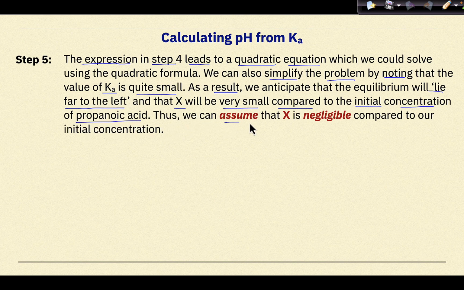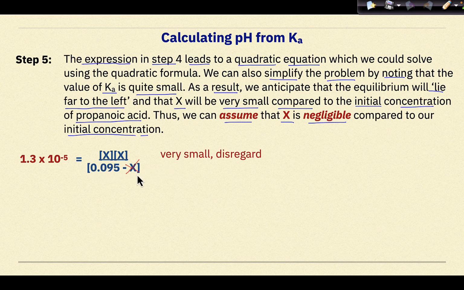Thus, we can assume that x is negligible compared to our initial concentration. As a result, we're going to take our expression that we wrote on the previous slide. 1.3 times 10 to the negative 5 is equal to x times x divided by 0.095 minus x. So x is very small and we will disregard it.